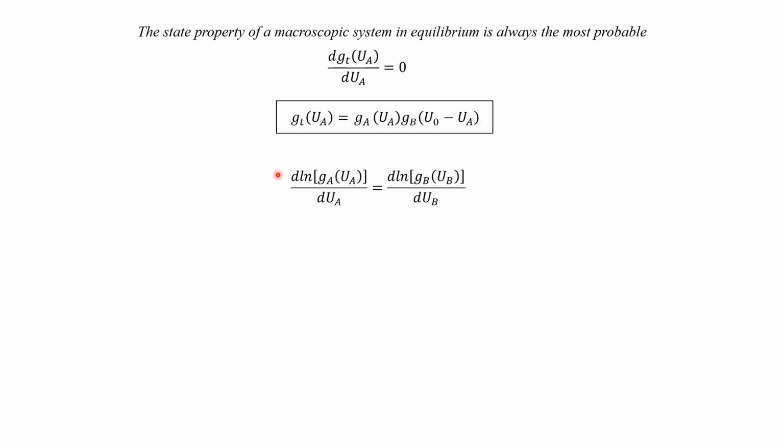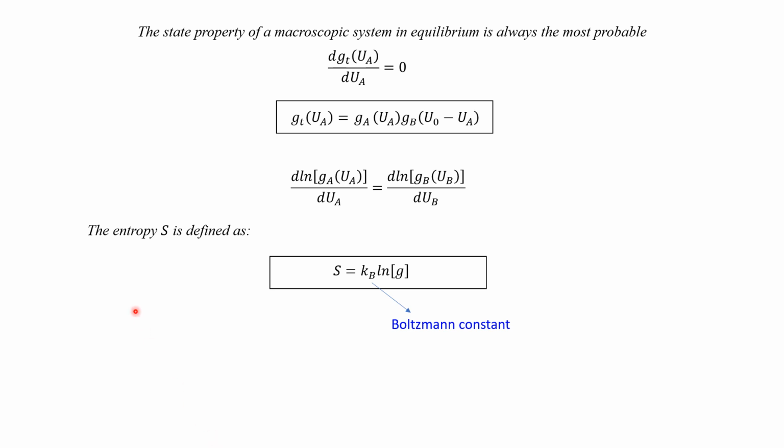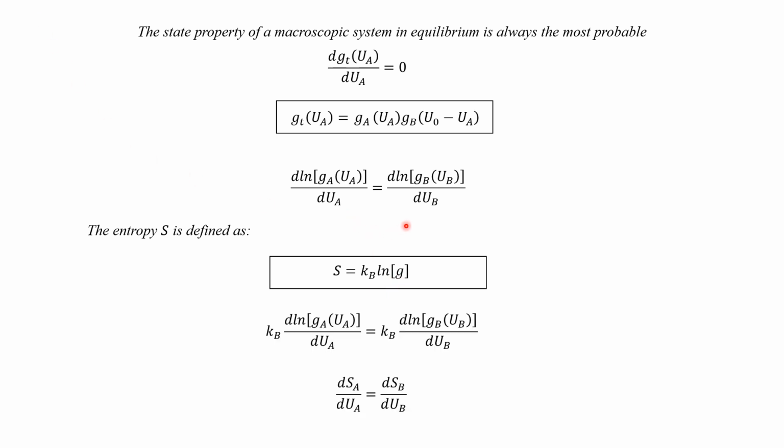But this is not the language we use in physics. In physics, we express this result using another language. The language we use involves the definition of entropy. So entropy is defined as Boltzmann's constant times the natural log of the multiplicity. Okay, so we multiply both sides of this equation by Boltzmann's constant like this, and then this equality can be expressed in terms of the derivatives of the entropy with respect to the energy.